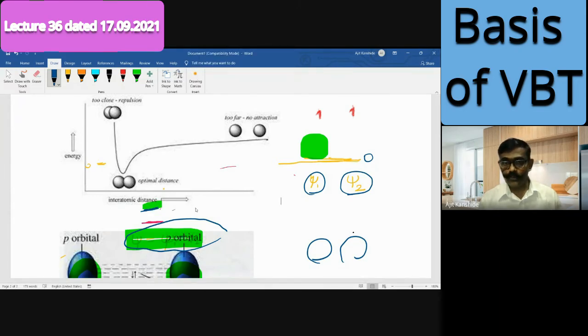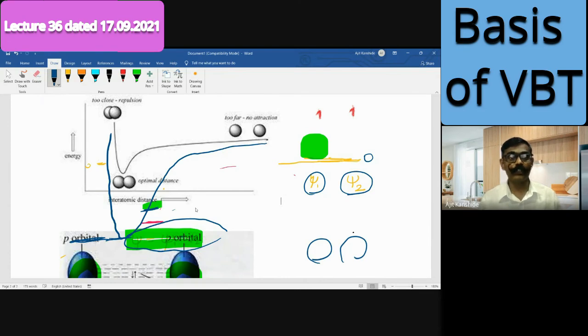Yes, in the true sense, when hydrogen molecule formation occurs, the energy at the beginning slowly decreases. Then it suddenly decreases considerably, up to this equilibrium position I'm talking about.